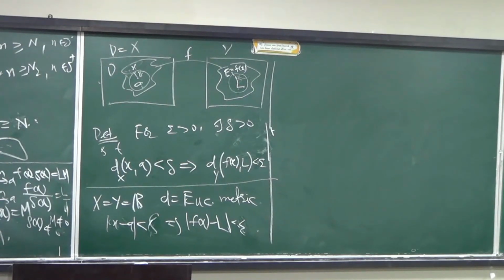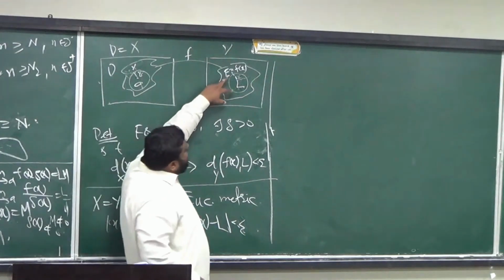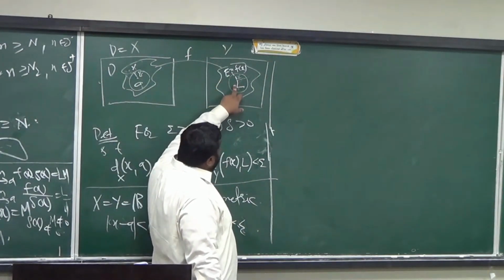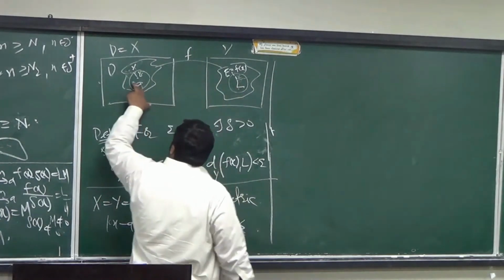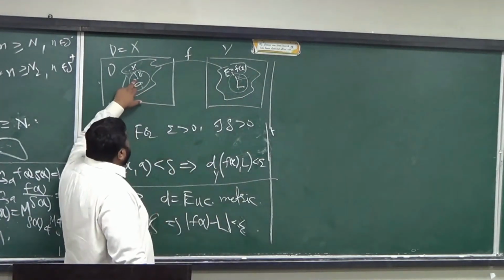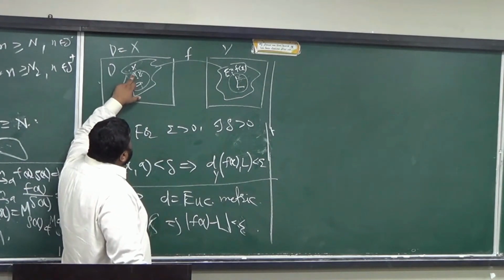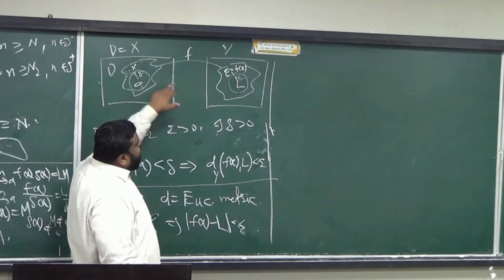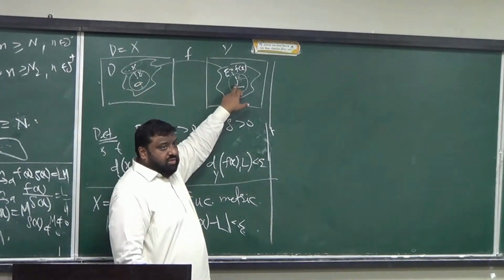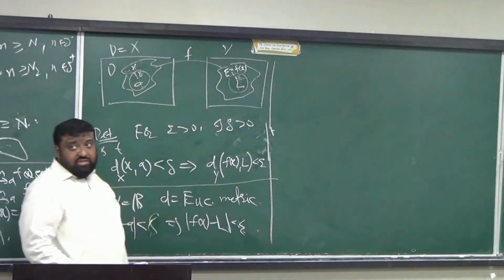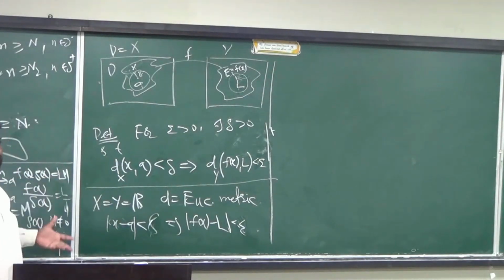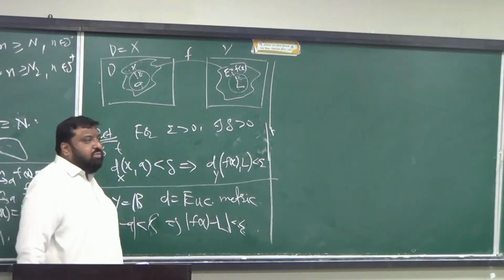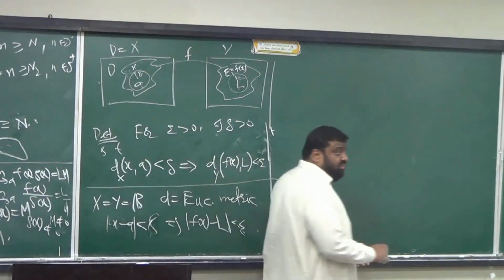Essentially we are saying that if you choose a neighborhood of L, then you can find a neighborhood of A in such a way that all x's from this neighborhood are going to fall into this neighborhood. So what I would like to prove is that both definitions are equivalent.